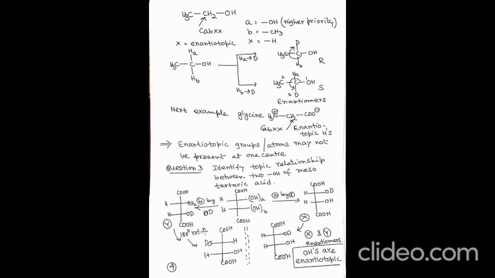Now let us apply this concept to another molecule, glycine, where the question is to identify the topic relationship between the 2 hydrogens of CH2 of glycine. Glycine is an achiral molecule and the 2 hydrogens are attached to a carbon that is CABXX type.